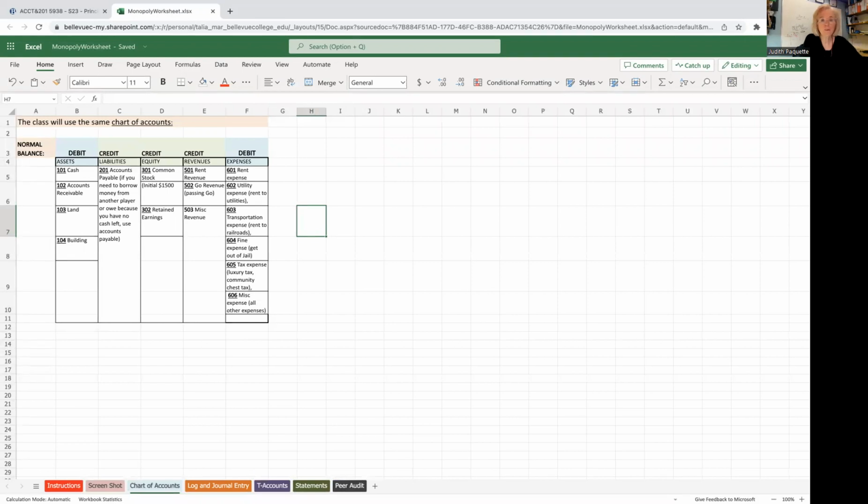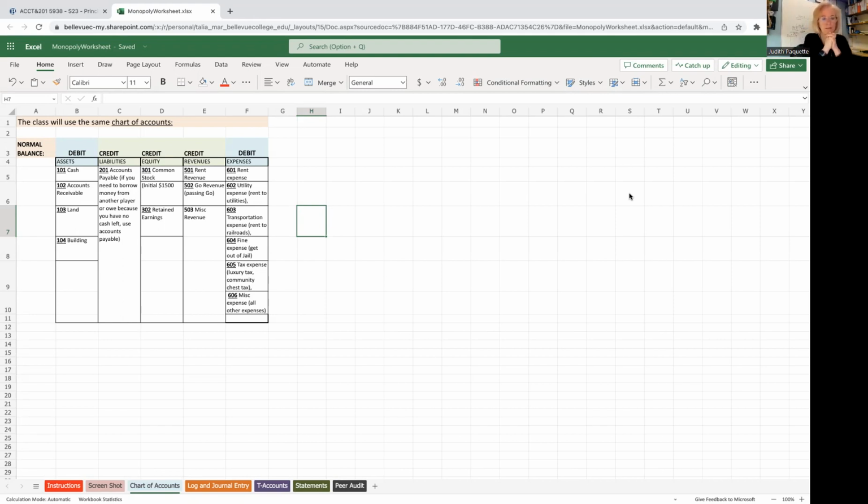Under revenues, we've got 3 revenue accounts: rent revenue for when somebody lands on your property; go revenue when you pass go and you get $200; and miscellaneous revenue for any other odd revenue from a chance card or community chest. Under expenses, we have 6 expenses: rent expense, utility expense, transportation expense, fine expense, tax expense, and again, miscellaneous expense. So you can only use those account titles.